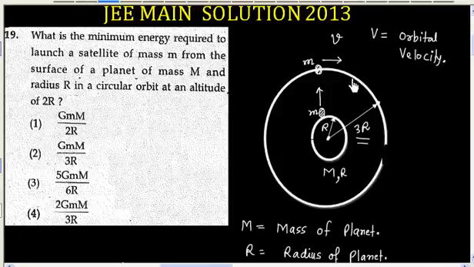Basically, we can calculate this orbital velocity by applying Newton's second law. So, force acting towards the center of planet on this satellite is GMm by r square, and this time r is 3r.